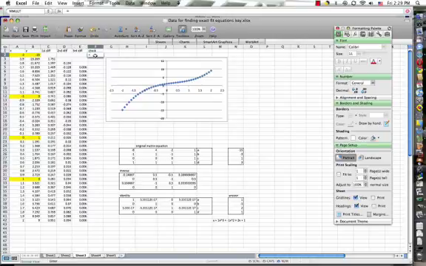So we put equals, and we want it to be 1 times x, which is this value, raised to the third power, plus we want a -1 times the x raised to the second power, plus we want 2 times x raised to no power, plus the value of our d would be 1. Hit enter, and then fill this down.